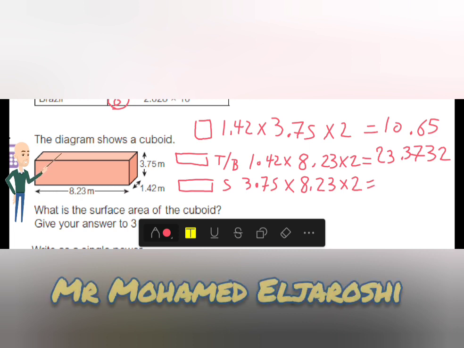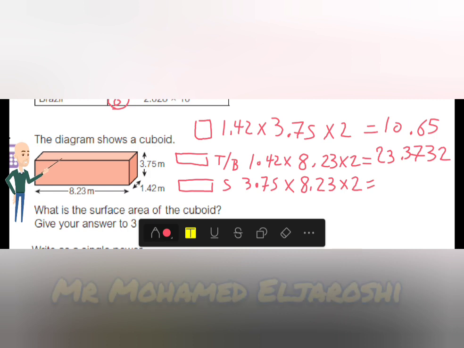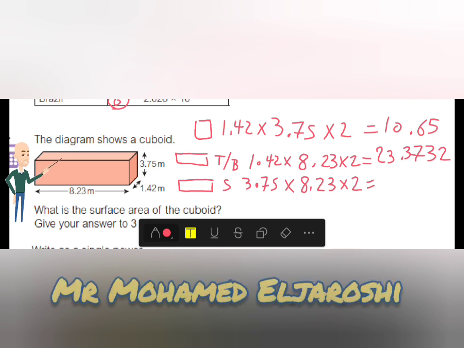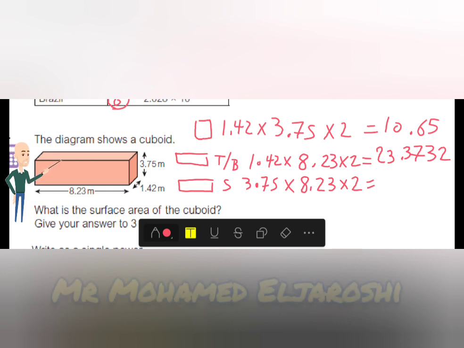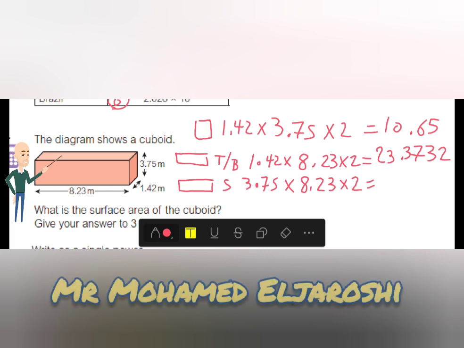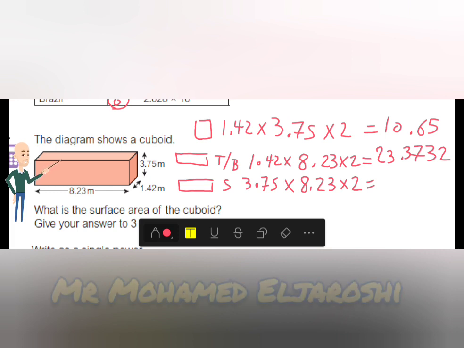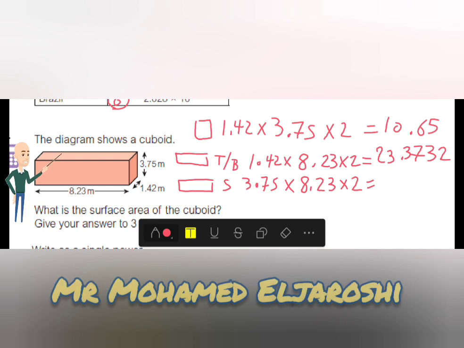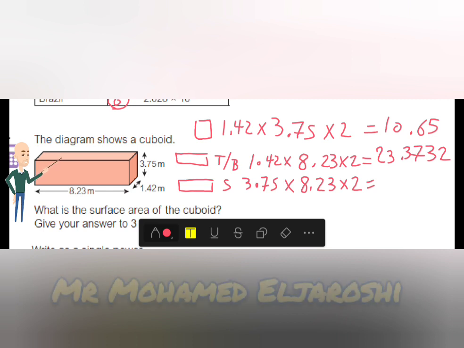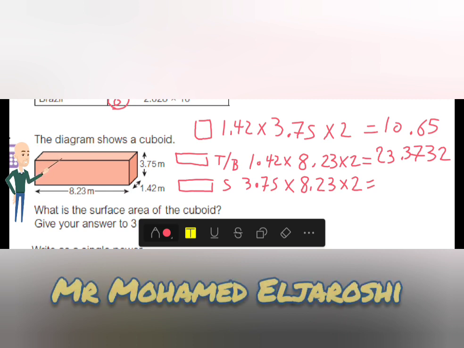Let's do it together. 3.75 multiplied by 8.23 multiplied by 2 equals 61.725.